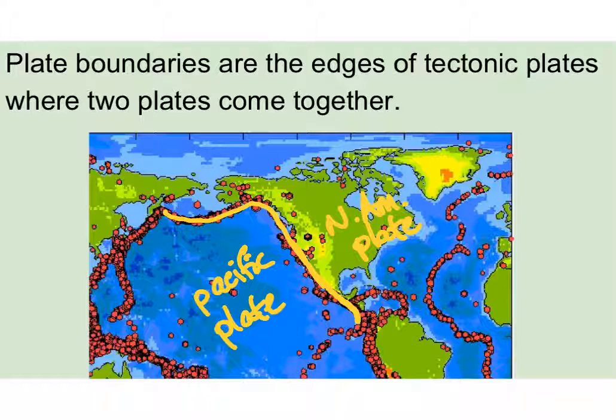And right here we have a bunch of earthquakes that take place. And so we're going to talk about what happens when these 2 plates come together. This boundary can be either where 2 plates are colliding, where 2 plates are sliding past one another, or where they are diverging, where they're moving away from one another.